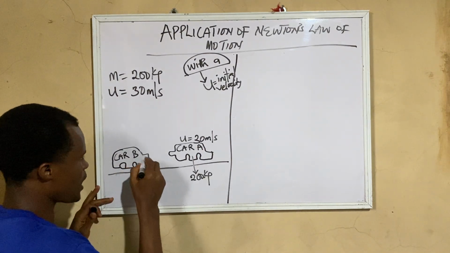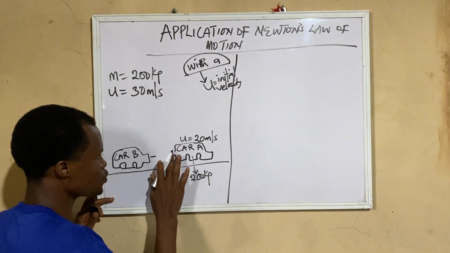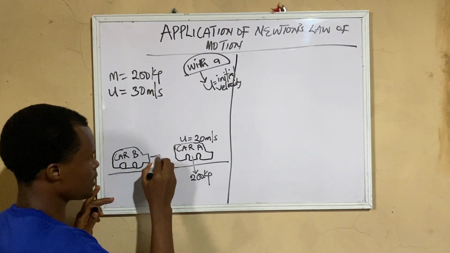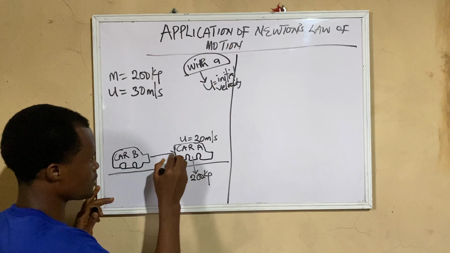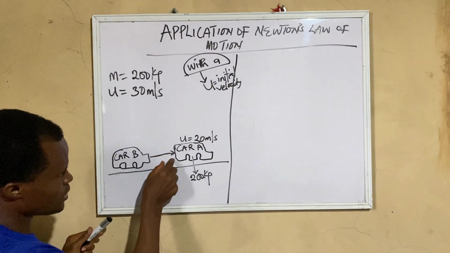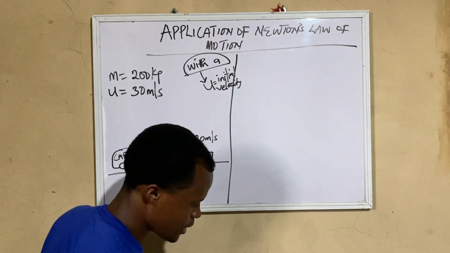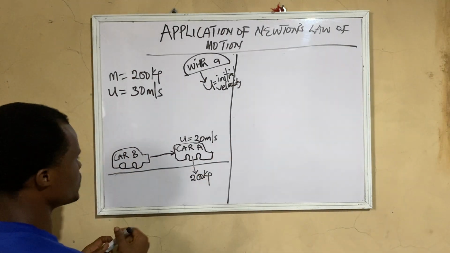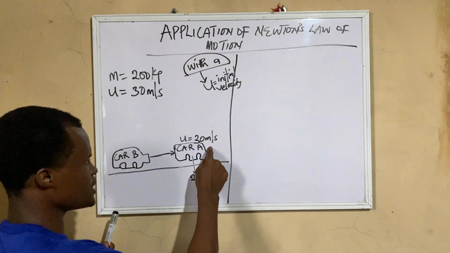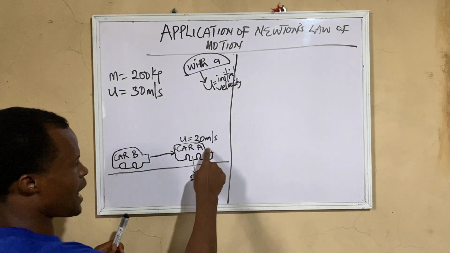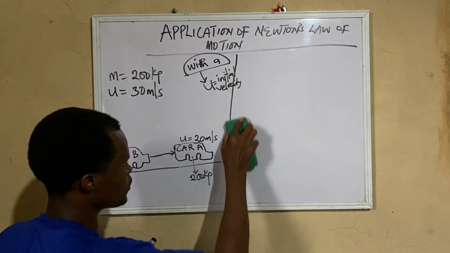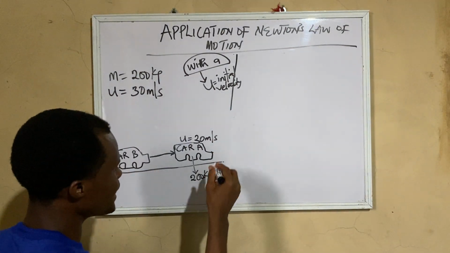Now this second car, car B, comes to hit this car, was suddenly hit by another car moving in the same direction. Now there is a collision here. This car hit this other car and they move in the same direction. Now look at it, they move in the same direction.